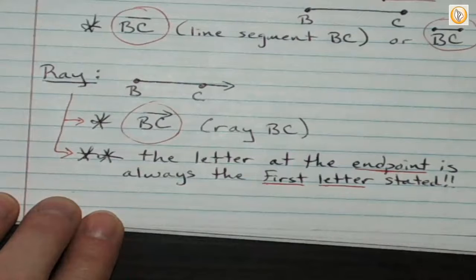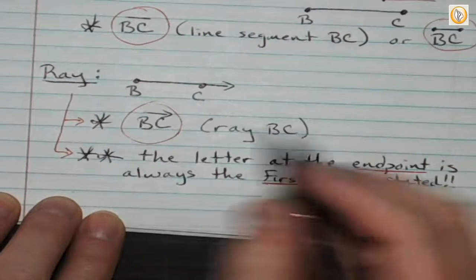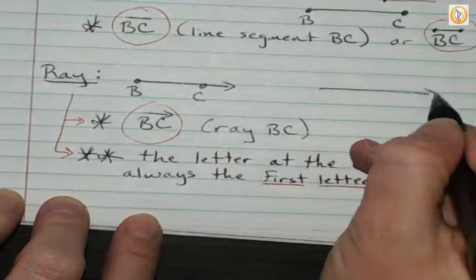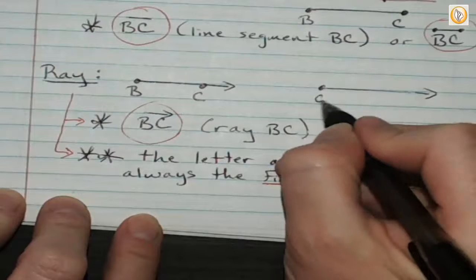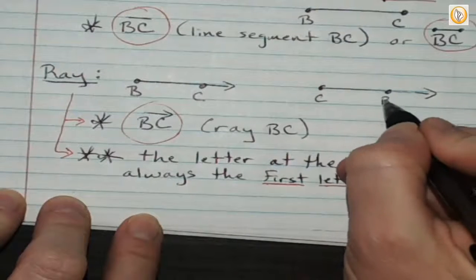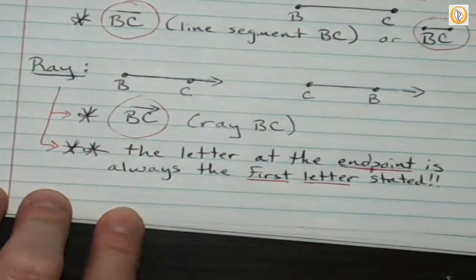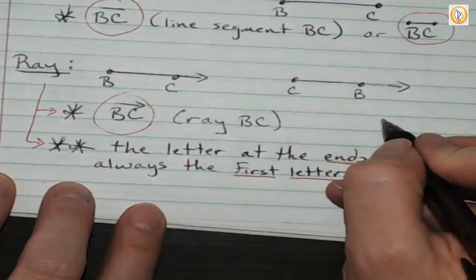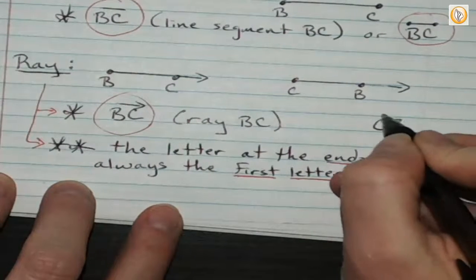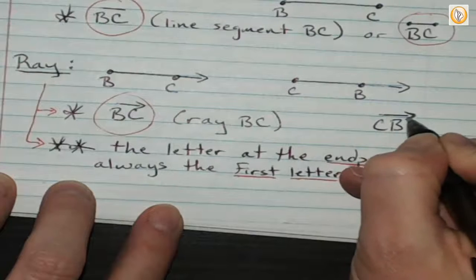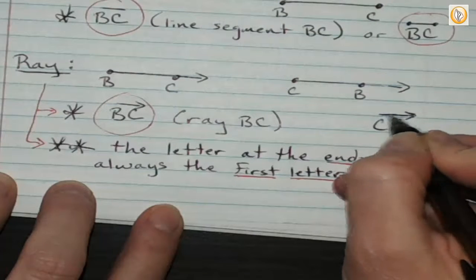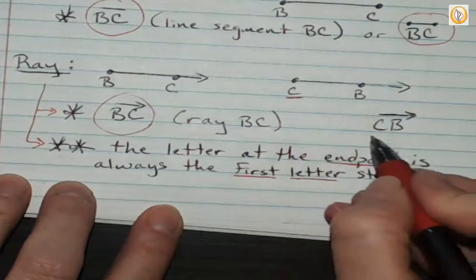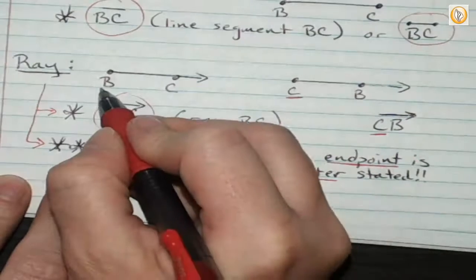Let's say it was doing this. It very well could be that way, and in that case, it would be written as ray CB.